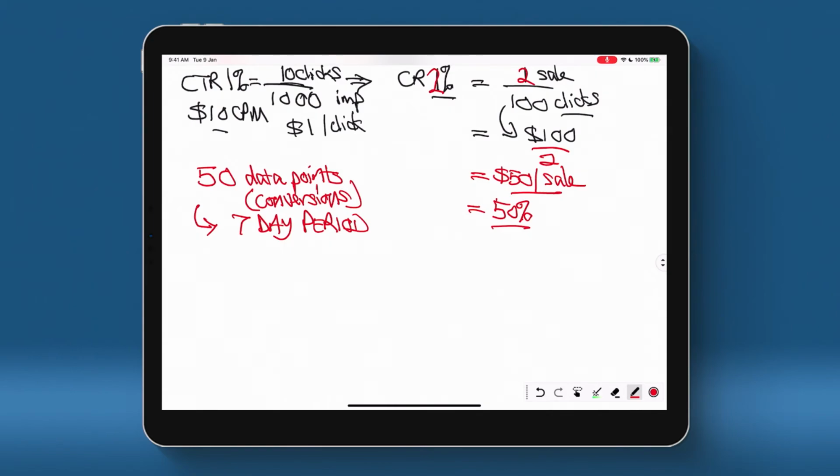So in the event you wanted to calculate the average number of leads per day you need to achieve, you take 50 divided by 7, and it works out to 7.14 conversions per day, or to round up, we're looking at 8 conversions per day.